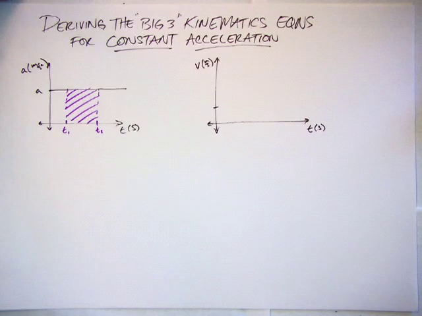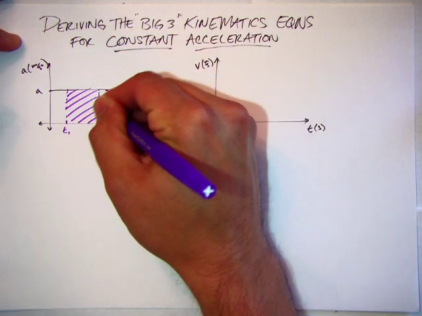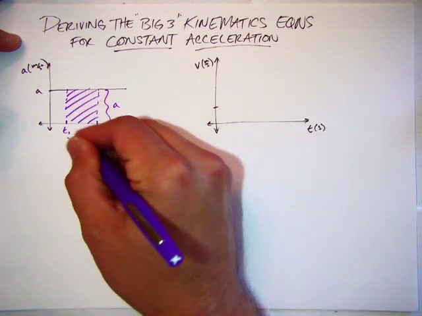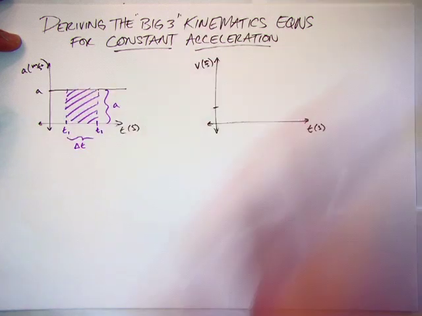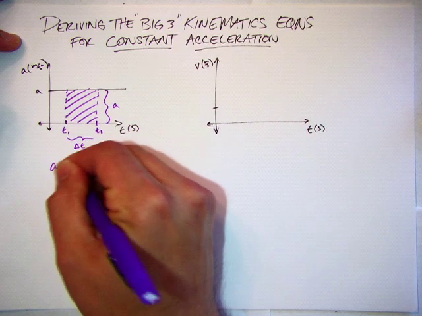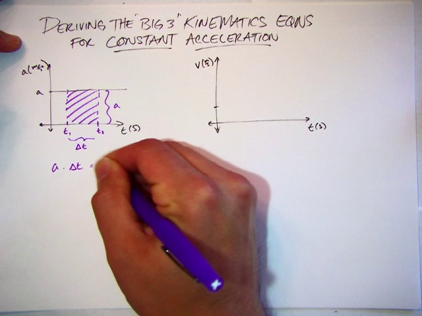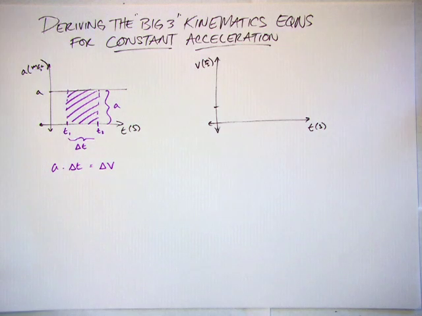Well, based on what we've learned previously, we know that the area of this curve would be the acceleration, since it's constant, it's not changing, whatever a is, times delta t. And that would tell us the change in velocity of the object from time 1 to time 2.